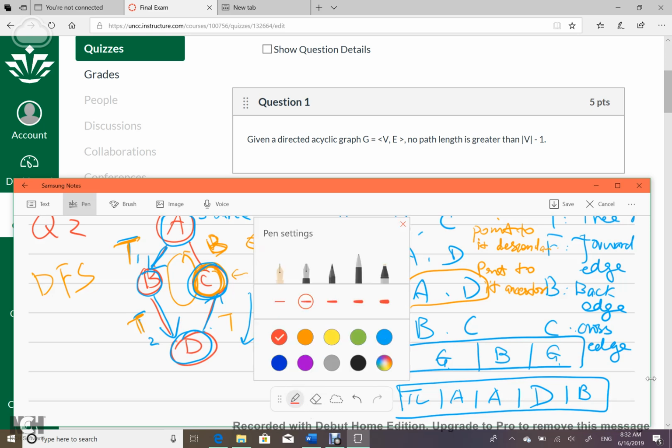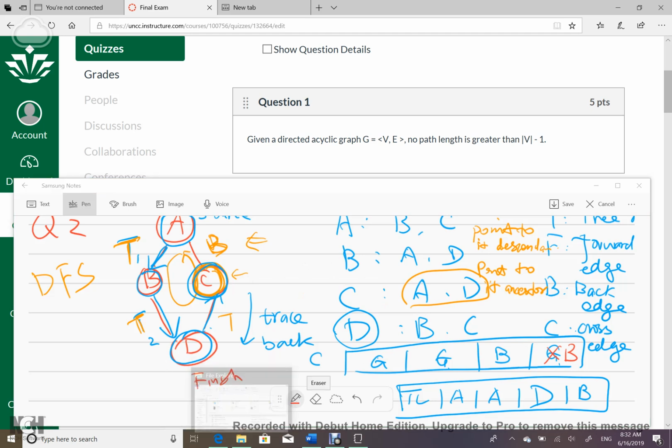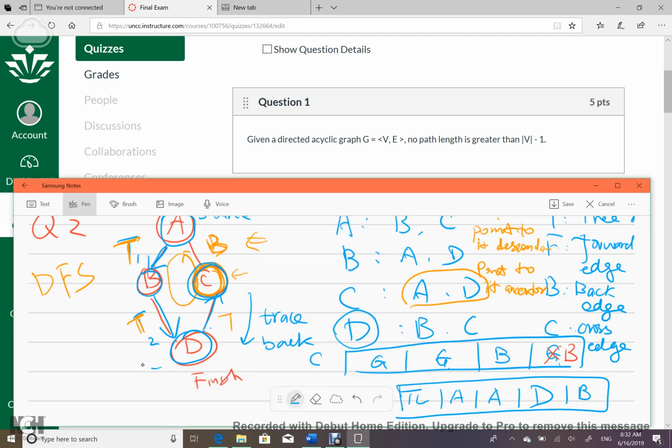Let's use another. Change this one to be black, right? Because it corresponds to finishing D, and then you trace back. You continue to trace back. This is 1, 2, this is 3, this is 4, this is 5.